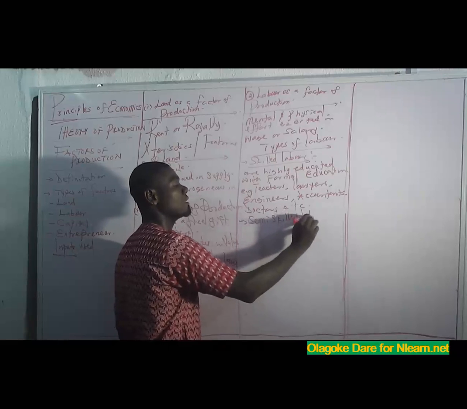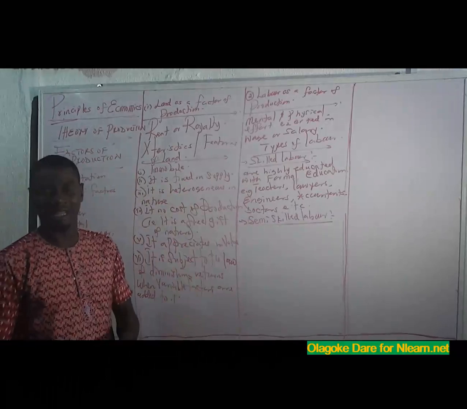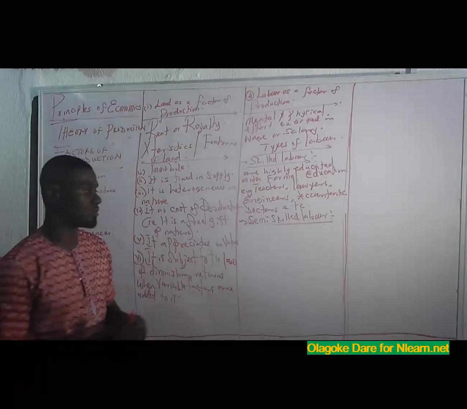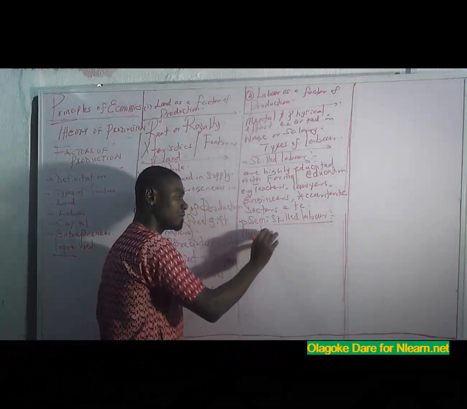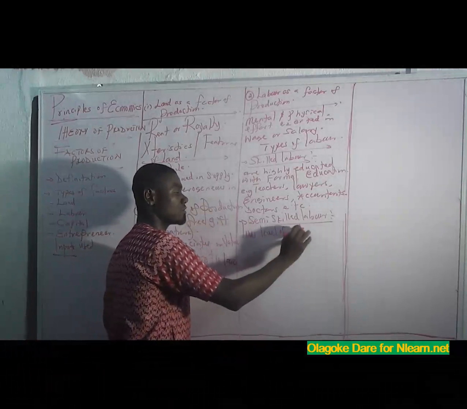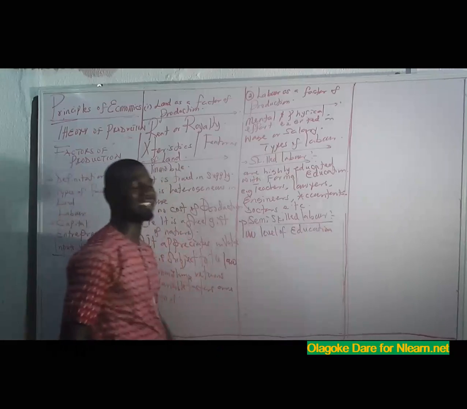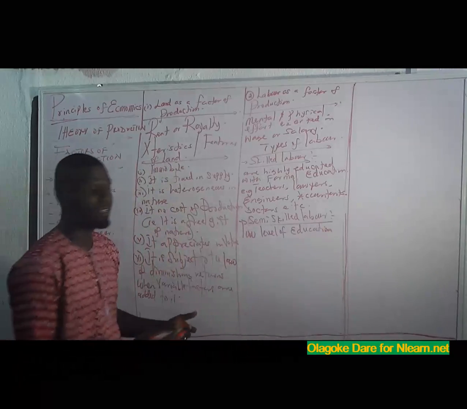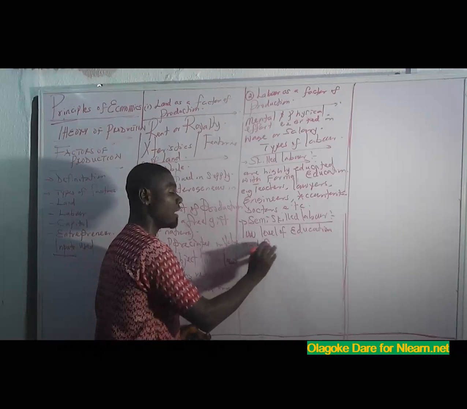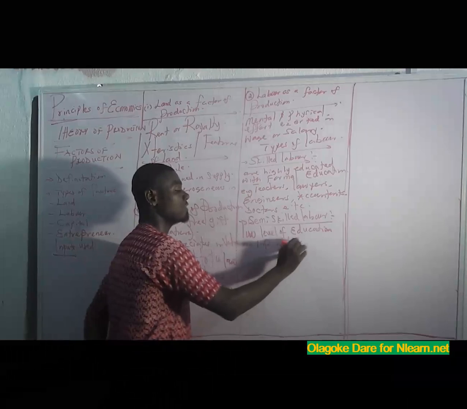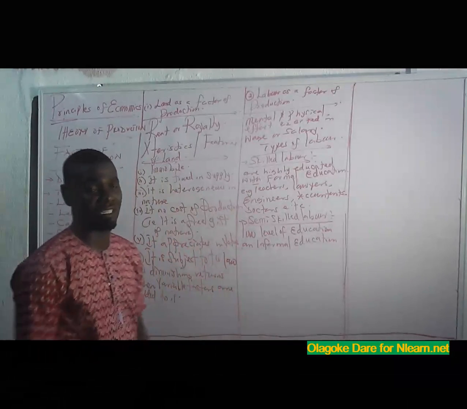labor. Semi-skilled labor consists of workers that have a low level of education. Workers with a low level of education, which means the little education they have is an informal education, which could be in the form of vocational training and all that.